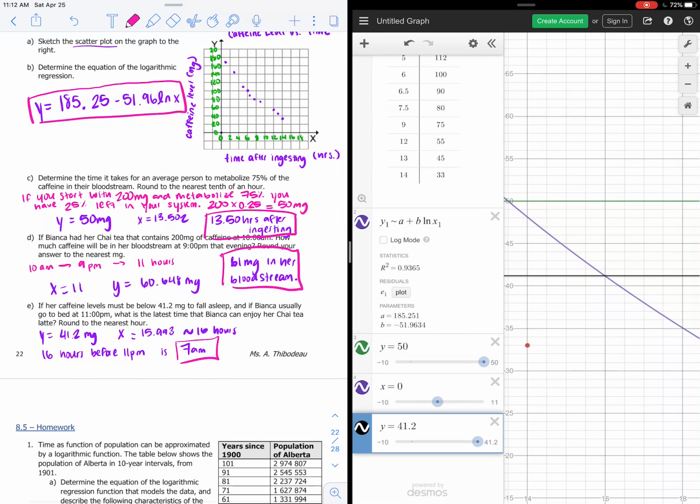Alrighty, that's it. That's all for 8.5. So that's what our logarithmic regressions look like. Because we have done regressions now with all these different polynomials, we've done this with exponential. You'll notice that some of the questions that we did today got you thinking a little bit more. They didn't give you information in the most obvious way. Sometimes you had to go and calculate it yourself, or think about it, or process that information a little bit more prior to going ahead and plugging in values into Desmos.